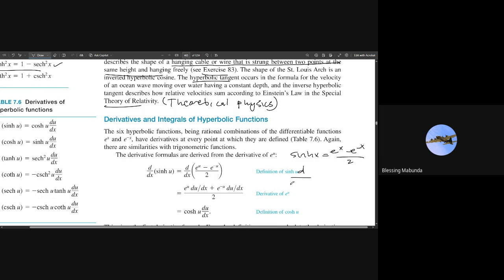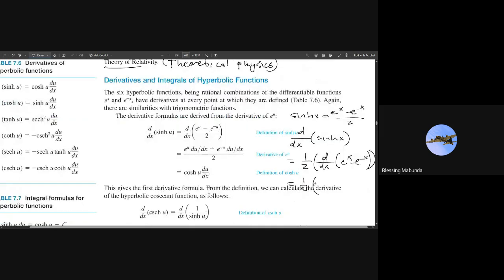So d dx of sinh x, you can factor out the 1 over 2. At this point, you are an expert at differentiating. So d dx of e to the x minus e to the minus x gives 1 over 2 times e to the x plus e to the minus x, and you can see that this simply turns into cosh x. Does that make sense?